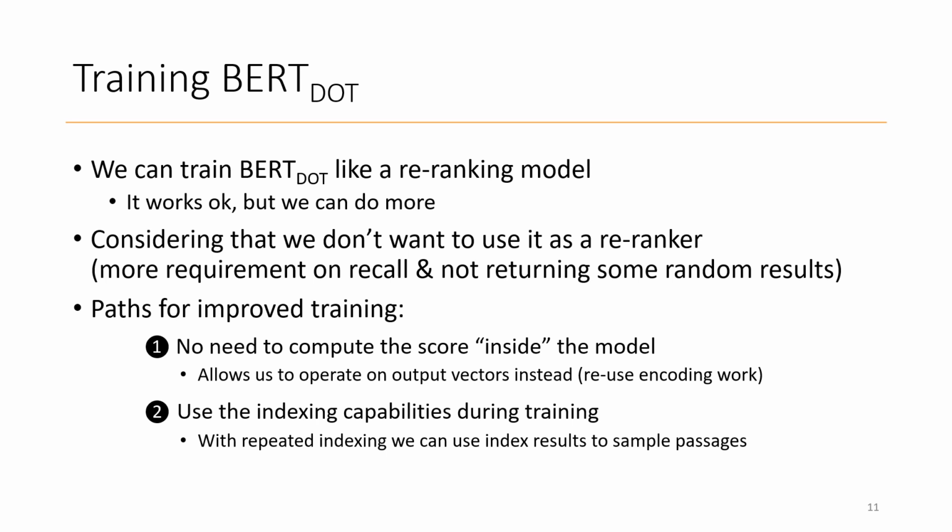And then second, we can use the indexing capabilities of the model also during training and not only after. And with repeated indexing, we can use those index results to, for example, sample more passages.